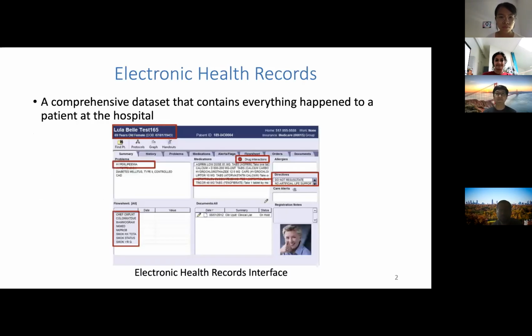This is the picture that I usually use to describe what EHR is. EHR is a comprehensive data set that contains everything that happened to a patient at the hospital, and it is usually stored in a relational database. It consists of a lot of tables, but on the user side, which is usually the doctor, this is the user interface.